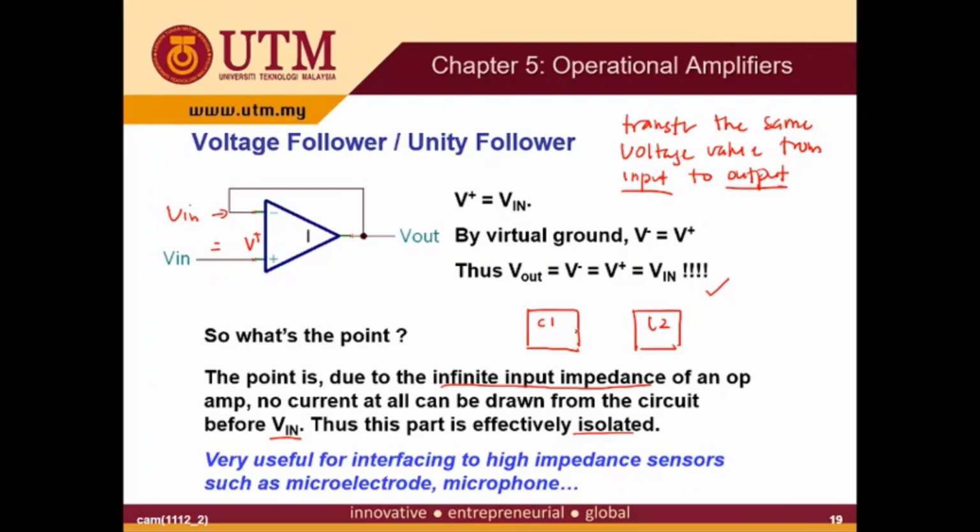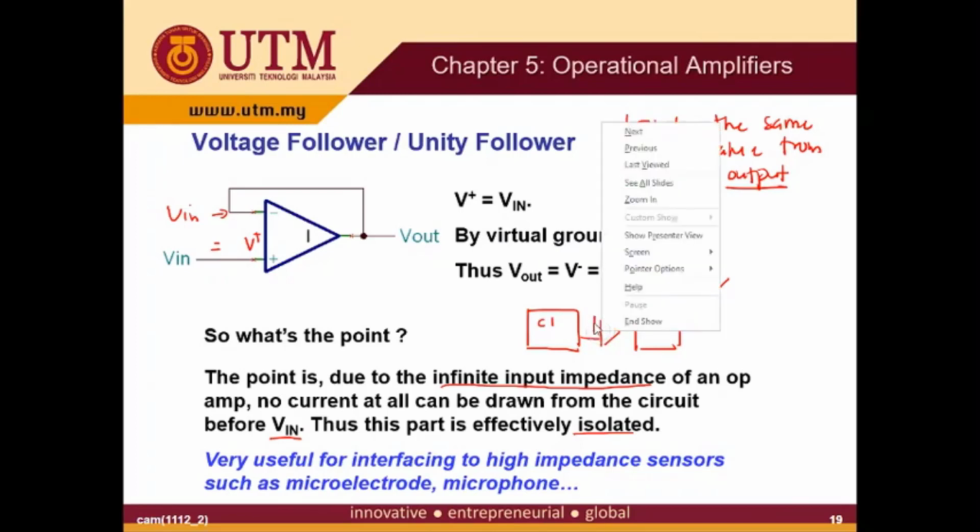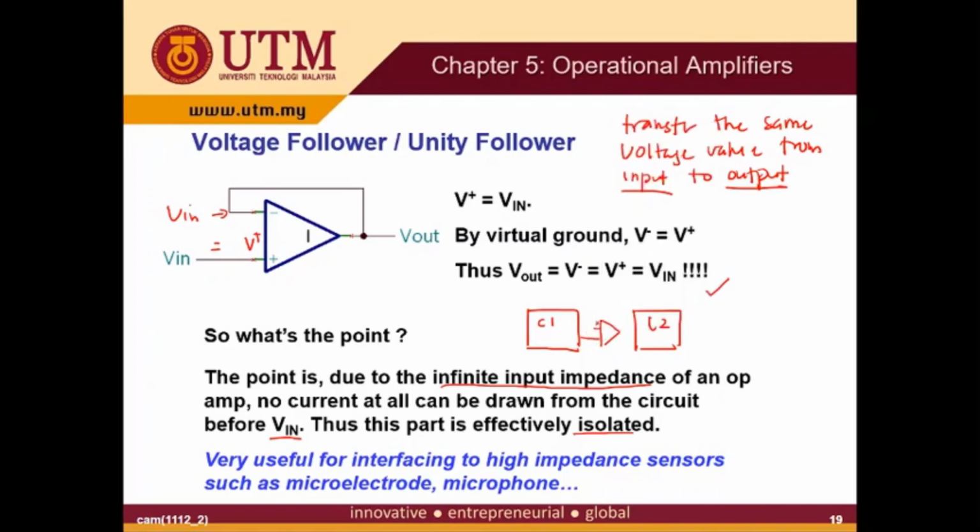To solve the problem, you can use the op-amp. The op-amp can transfer the voltage and at the same time isolate the two blocks. So this is the voltage follower or unity follower. Another name for this type of application is the buffer. This is what we call a buffer block.